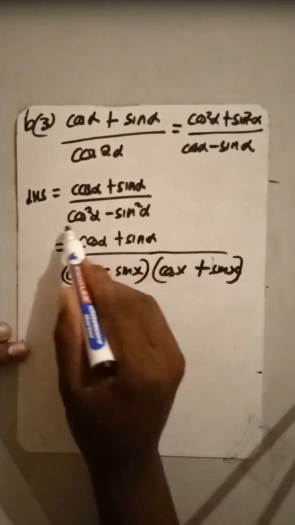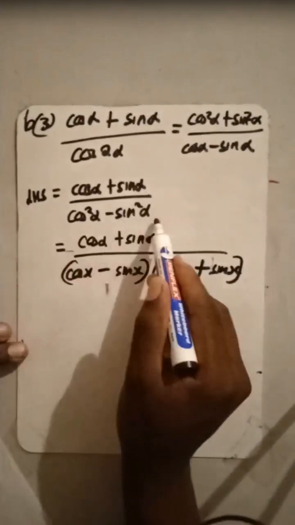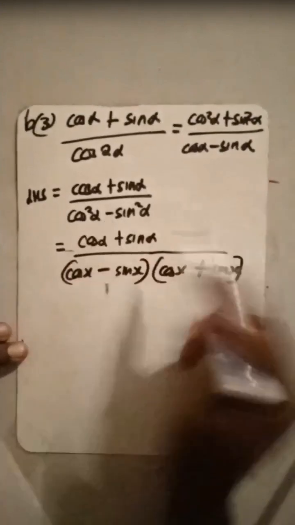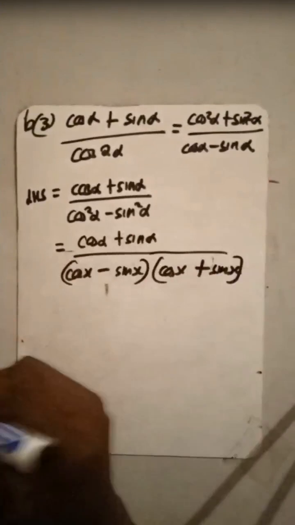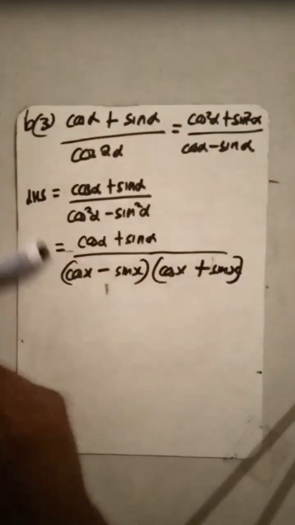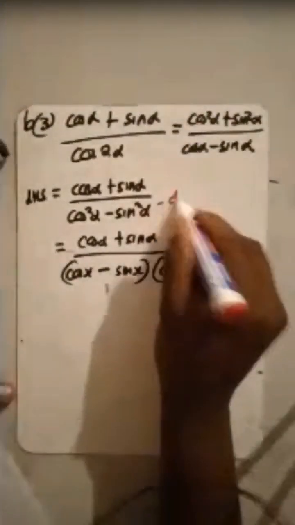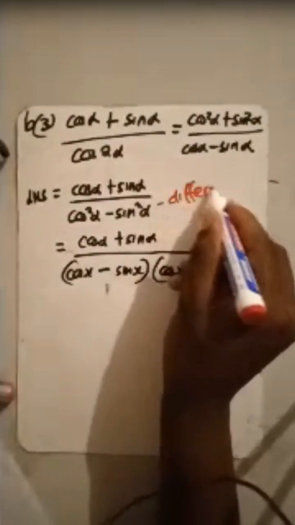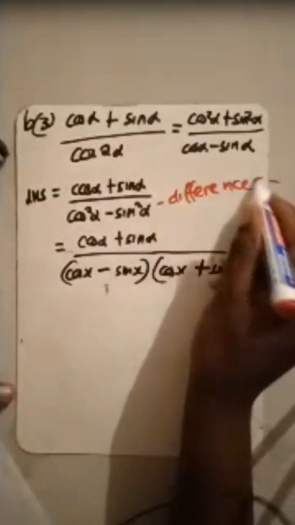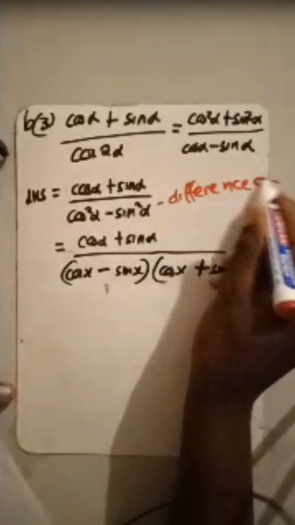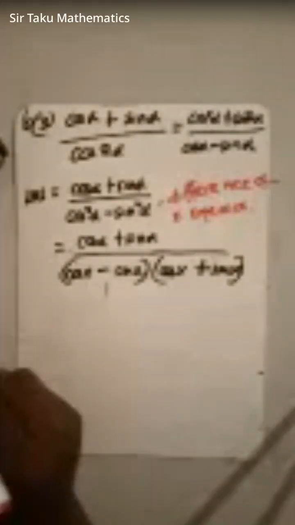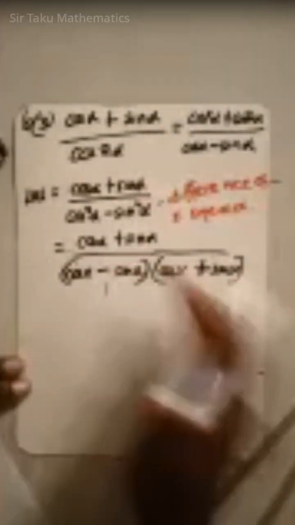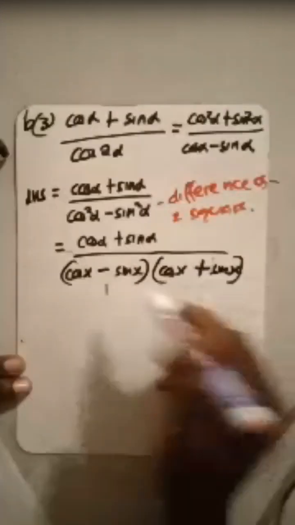Just to check, is this one a perfect square and is that one a perfect square? Do we have a minus? Yes, so we call it difference of two squares. I hope we know that, guys. So, do we have a common factor there?